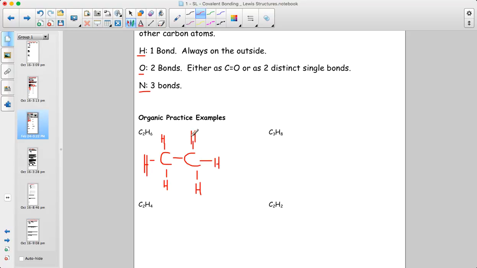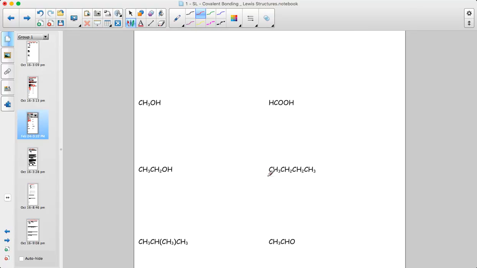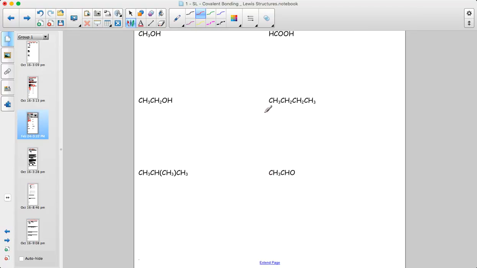If we try maybe one more example of a longer one, you'll see that this is sort of an odd-looking molecular formula. It's sort of broken up, and it's showing you a bit more about the structure, because as molecules get larger in organic chemistry, there become more options on how we can put them together. But if I try to follow this one, it says CH3, so C, and then I would put 3 bonds to it for H's.